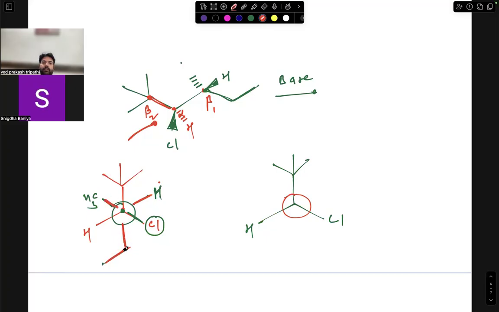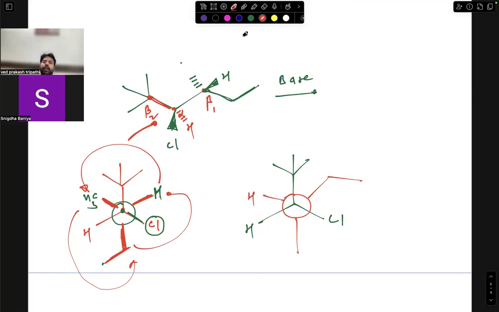I want to keep hydrogen at this position, so methyl should be here and ethyl should be in place of H. So it should be ethyl, methyl, and hydrogen. Makes sense?